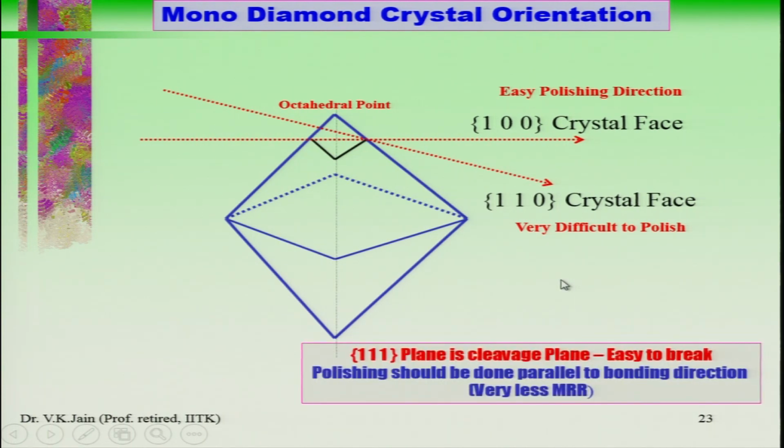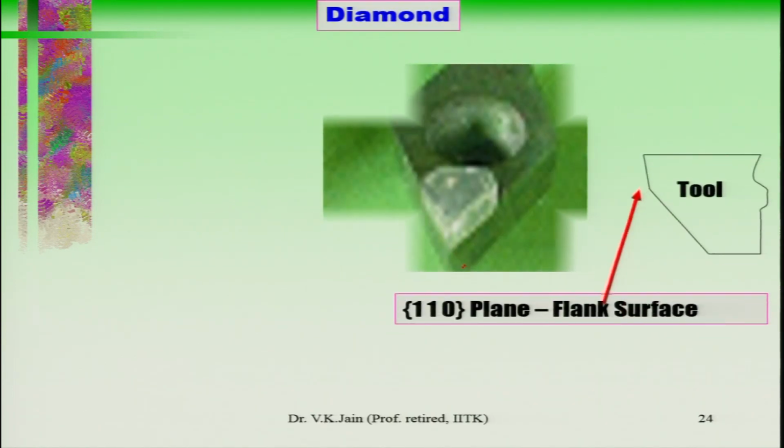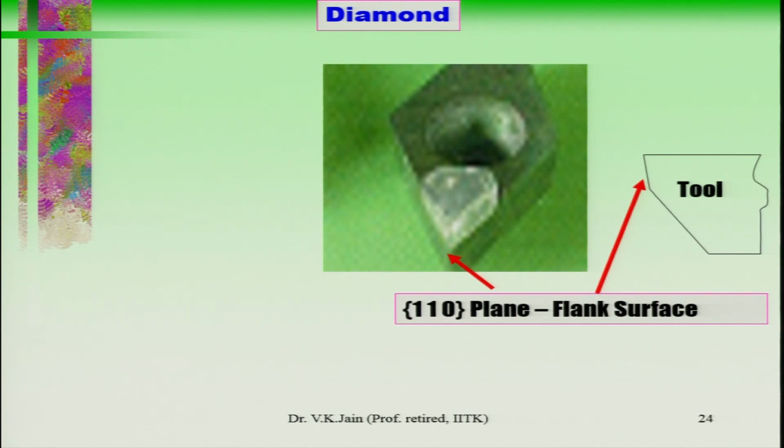So, one has to set the direction of polishing very clearly, and the 111 plane is the cleavage plane, easy to break. So, one has to avoid using this particular plane. Polishing should be done parallel to the bonding direction. You can see here, this is the diamond 110 plane flank face.